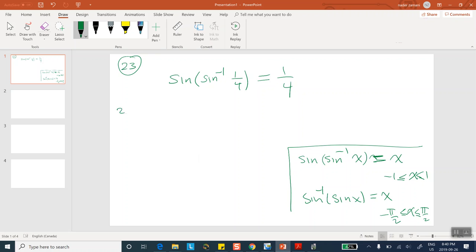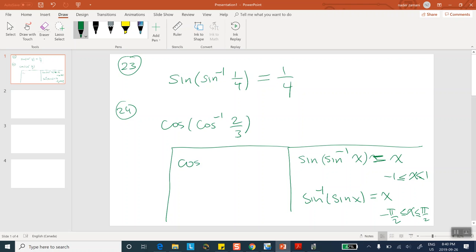Let's do number 24. We have cosine of cosine inverse of 2/3. We had corresponding things for cosine. So cosine of cosine inverse of x was equal to x as long as x was between 1 and -1.